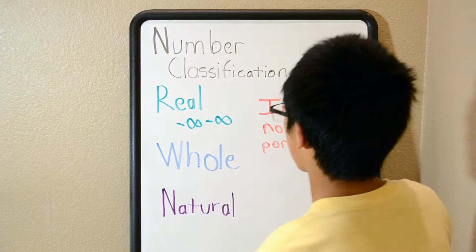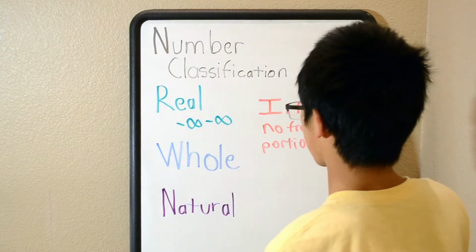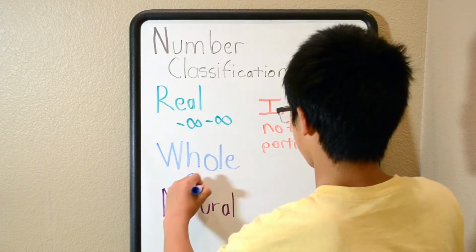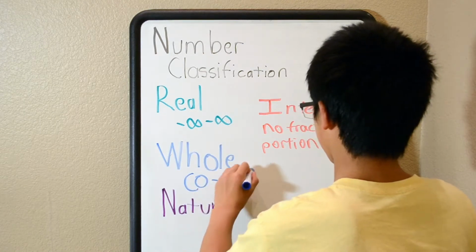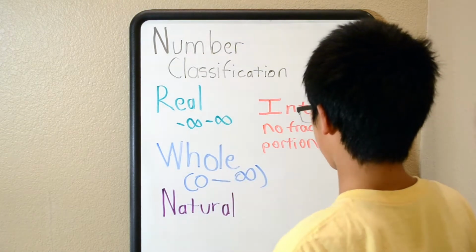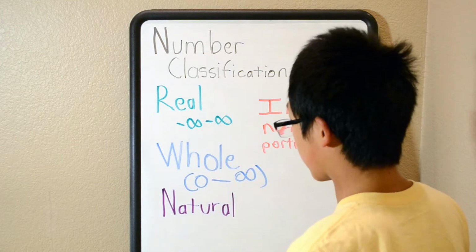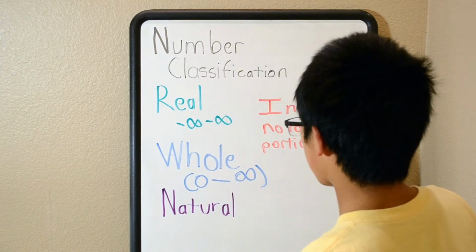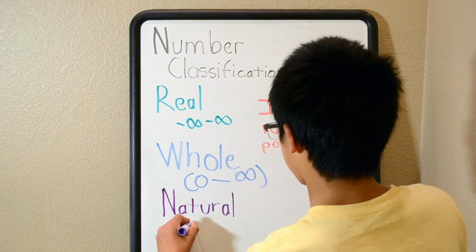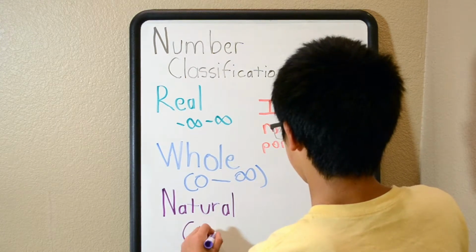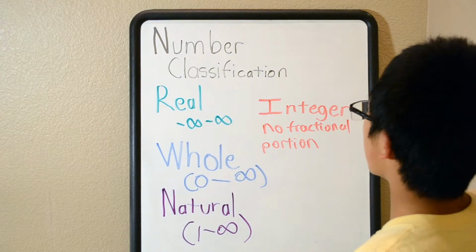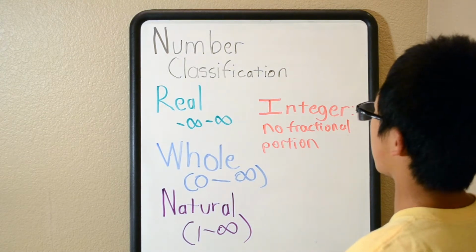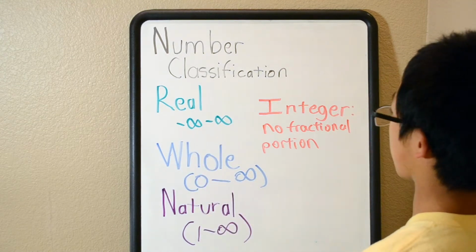Whole numbers are all integers from 0 to infinity. And finally, natural numbers. Natural numbers are integers from 1 to infinity. So there you go. That's the number classification of real, whole, and natural numbers.